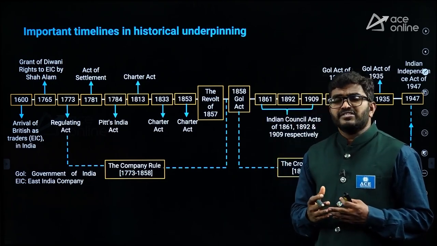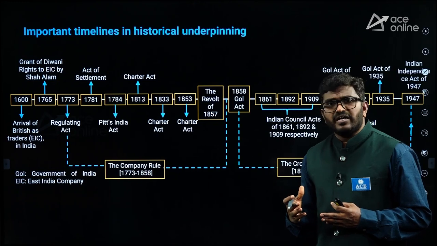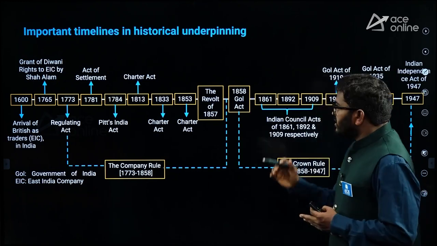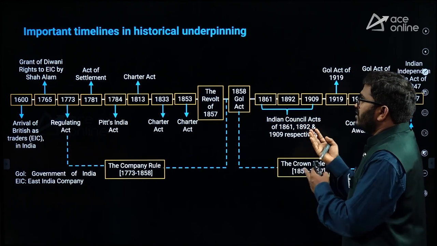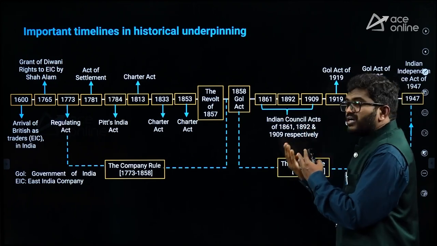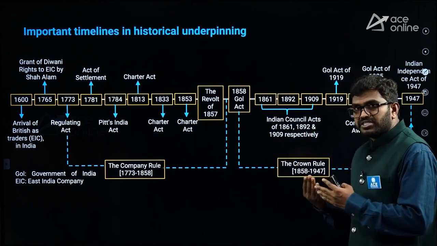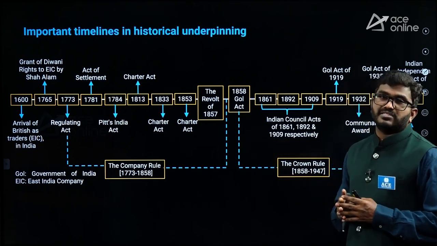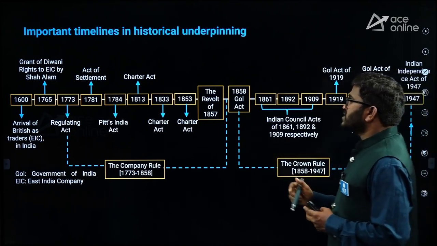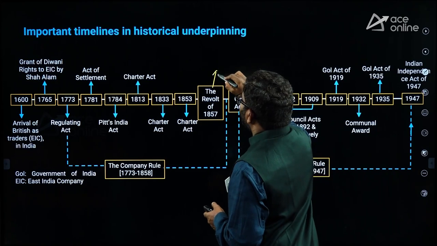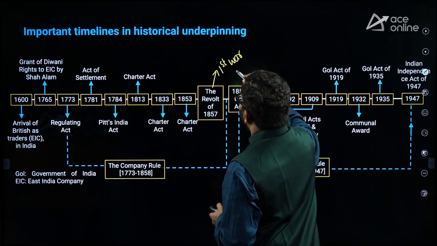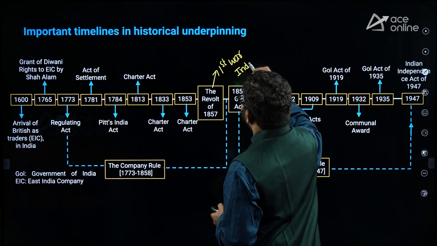You can say it was the initiative for good government of India. From here, there were many Government of India Acts and regulations for the purpose of getting good government. We can call this the first war of independence.